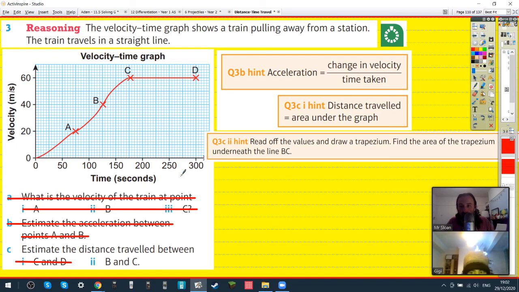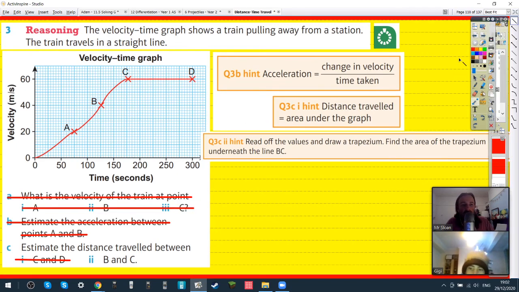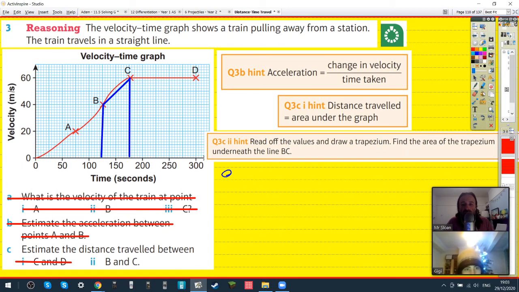The distance covered between C and D. The only way you can do this is, same as before, you draw a chord and then use that as your estimate. Any idea how to find the area of that shape? Not sure.